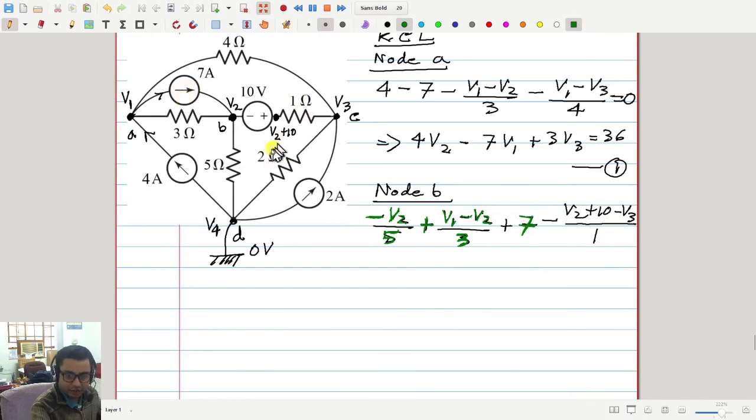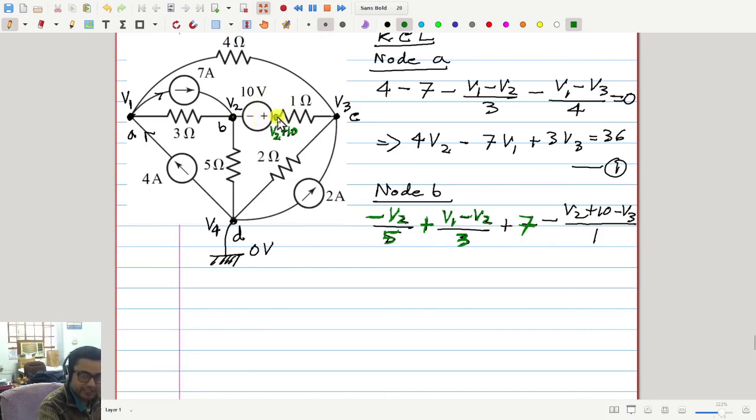After that, consider this branch on our right side. Through this, how much current is going out? For that, look at this point. This point is at potential V2 plus 10, because this point is at V2 and after that we have this voltage source.